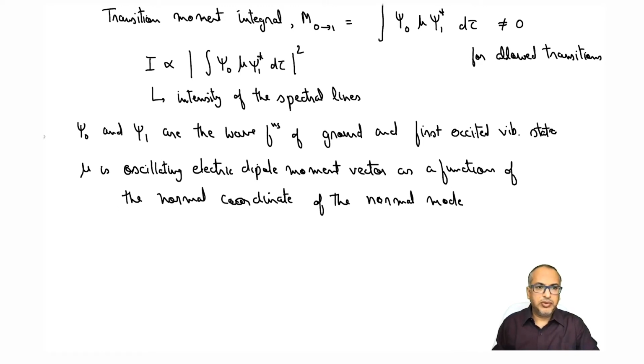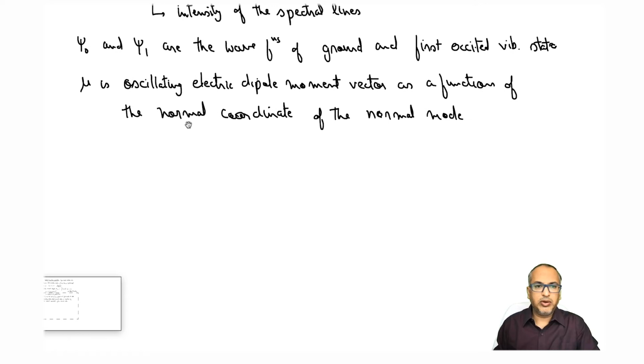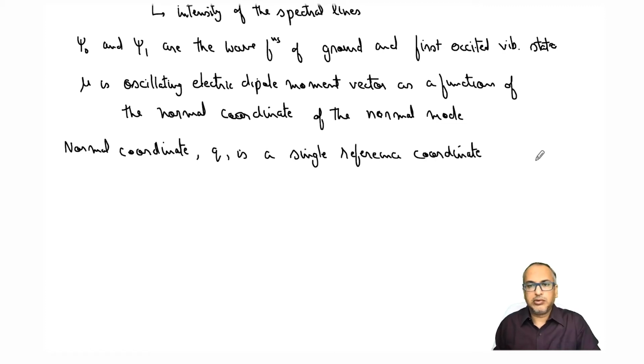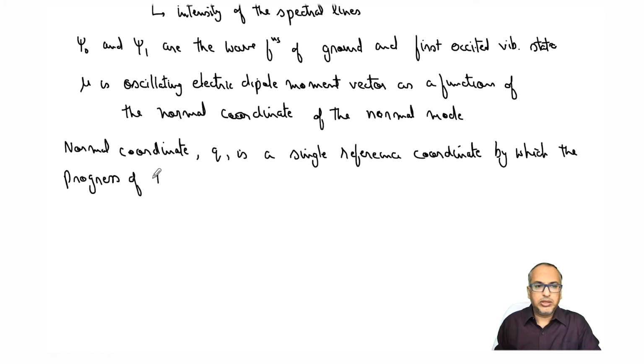So let's define this quantity, the normal coordinate, by Q. Q is a single reference coordinate by which the progress of the normal mode is followed.